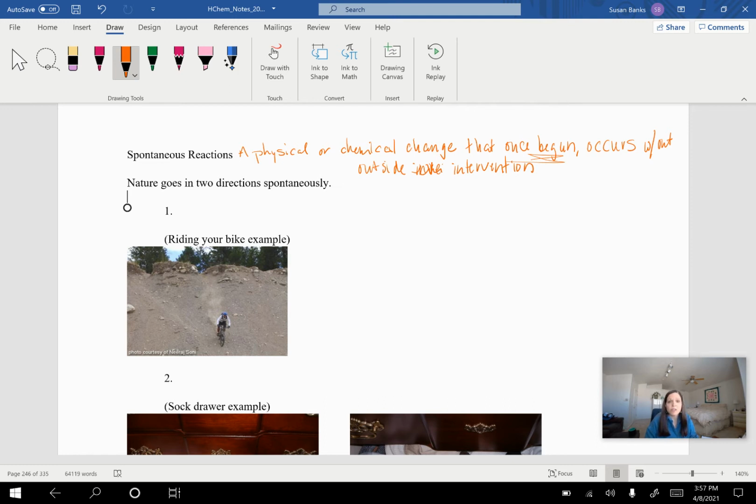It's a spontaneous reaction. I don't need to put any energy in for that to happen. It happens naturally, but it takes millions of years. So just because it's spontaneous doesn't mean it happens quickly. Okay? Let's see what nature says is spontaneous.